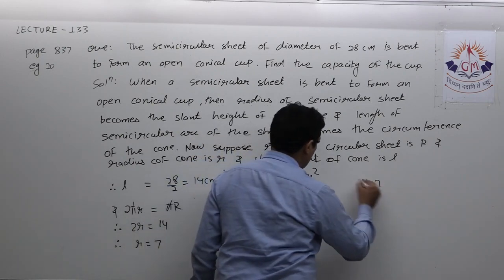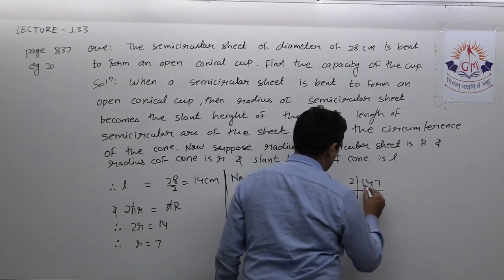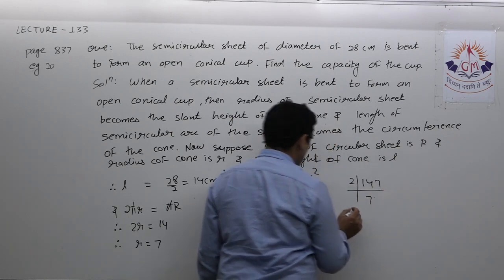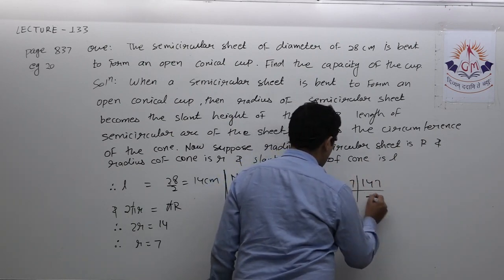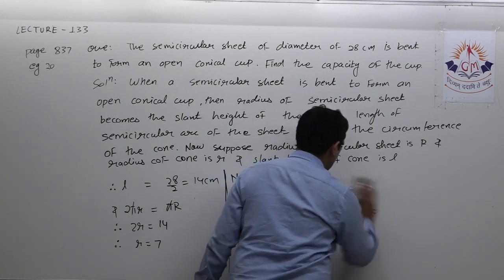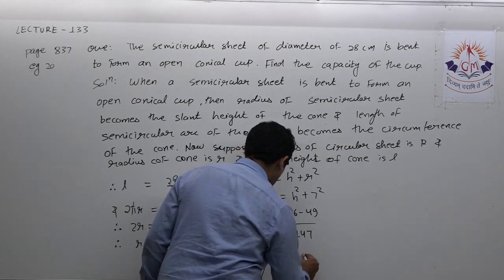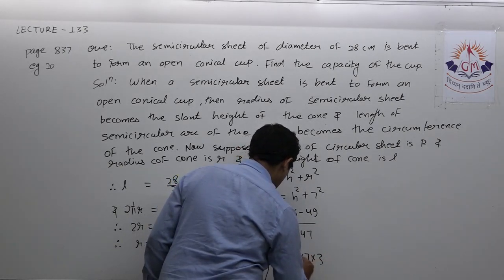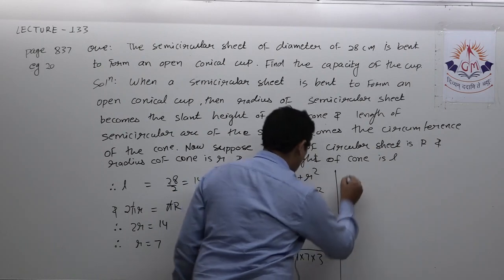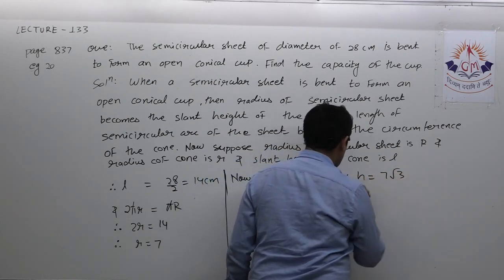Now if I find the factors of 147, it is 7 into 7 into 3. So ultimately h is equal to 7 root 3.